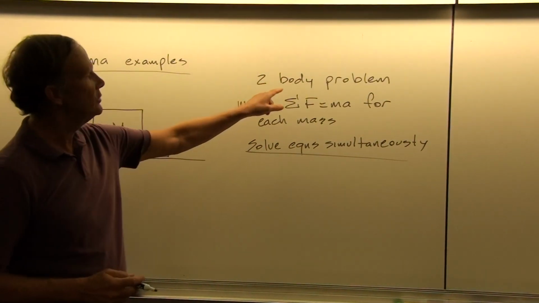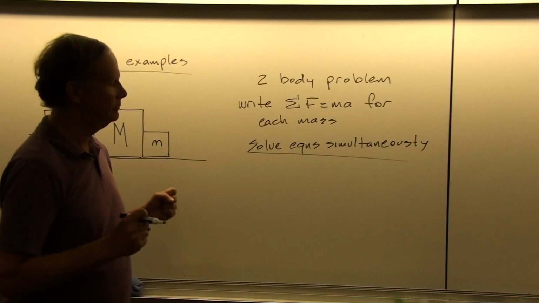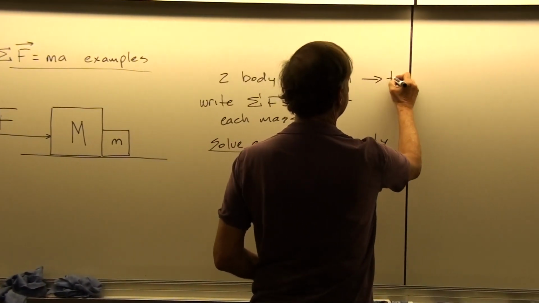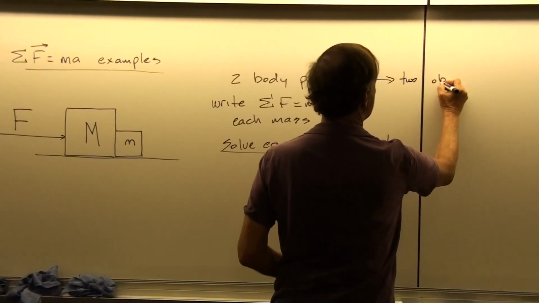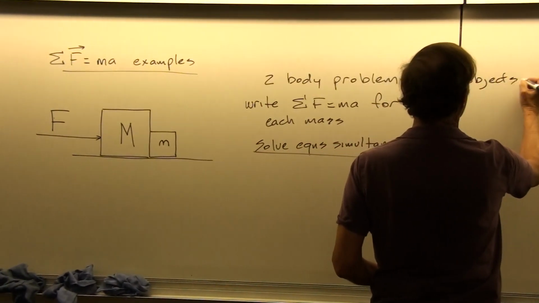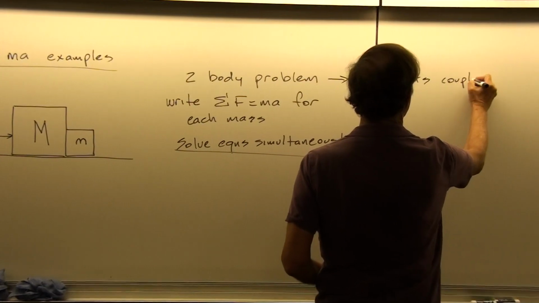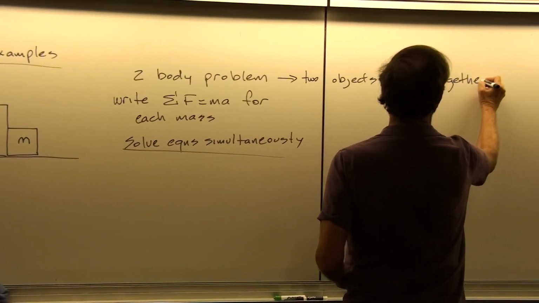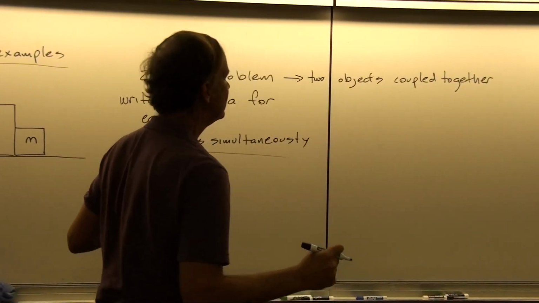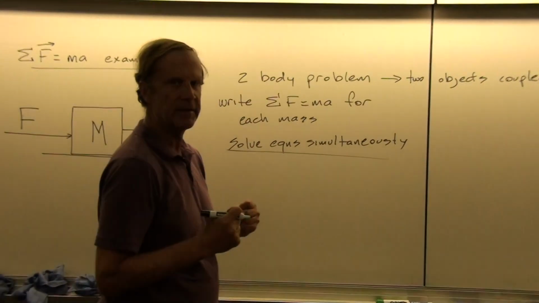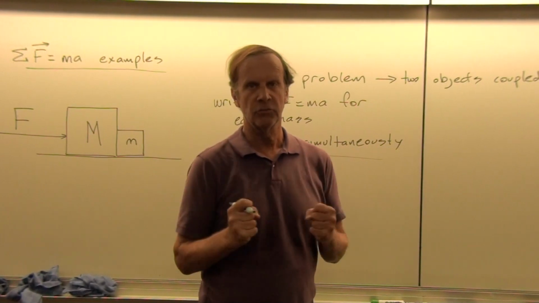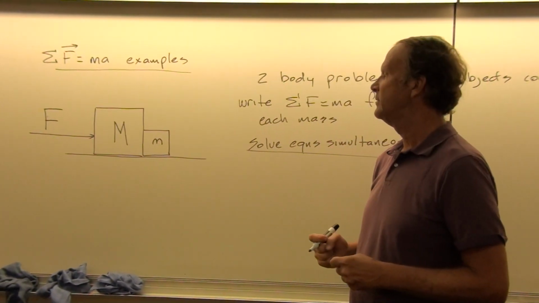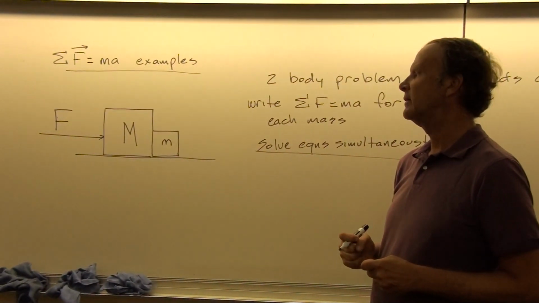So in what we call a two-body problem, it means that there are two objects that are coupled together. Now by coupled here, I mean that they have some kind of contact with each other so that the direct contact forces have a means of communicating to each other directly.